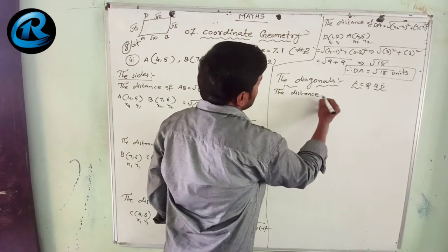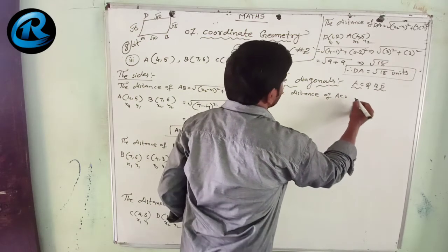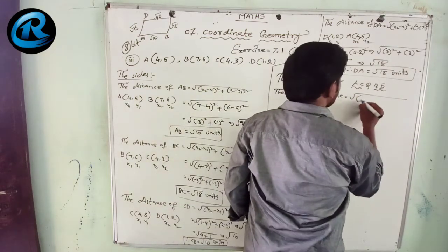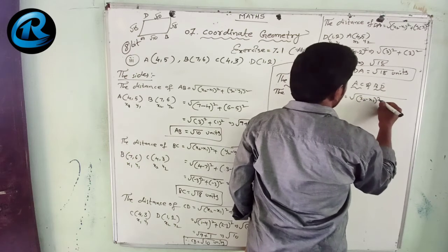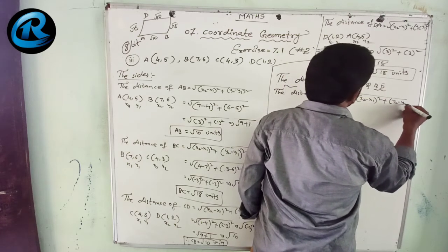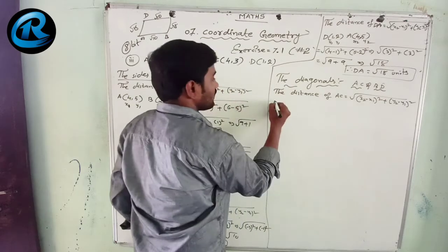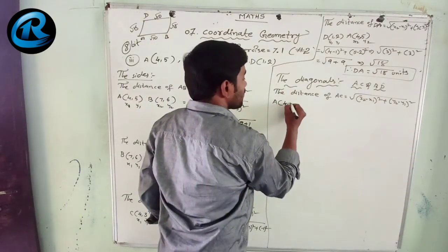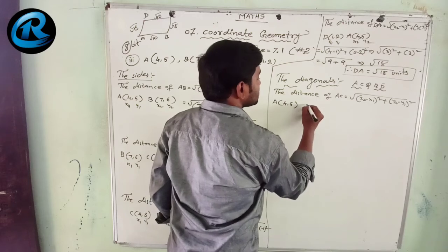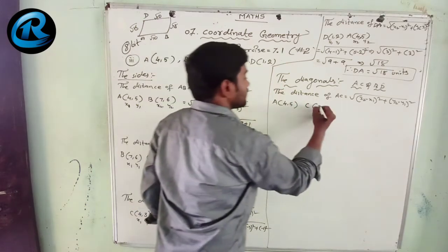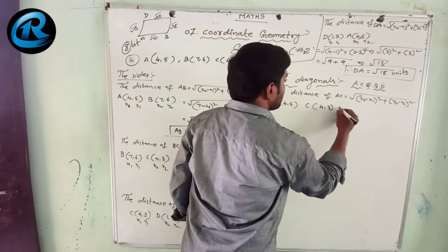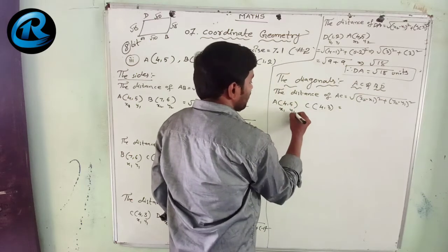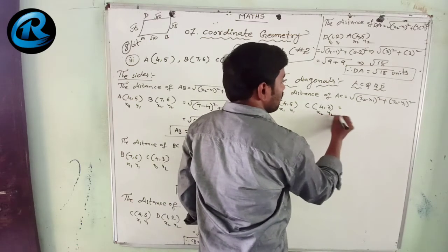The distance of AC equals under root of x2 minus x1 whole square plus y2 minus y1 whole square. Point A is here 4, 5 and point C is here 4, 3. Here it is x1, y1, x2, y2.